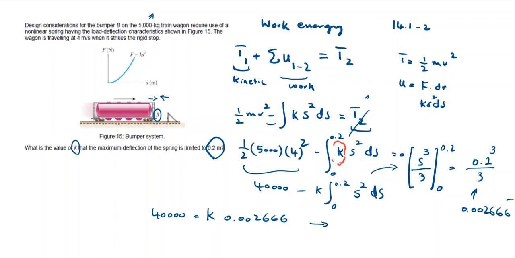If I rearrange it for k, the k value would be 15 times 10 to the 6 newtons per meter squared, or you can say 15 mega newtons per meter squared.